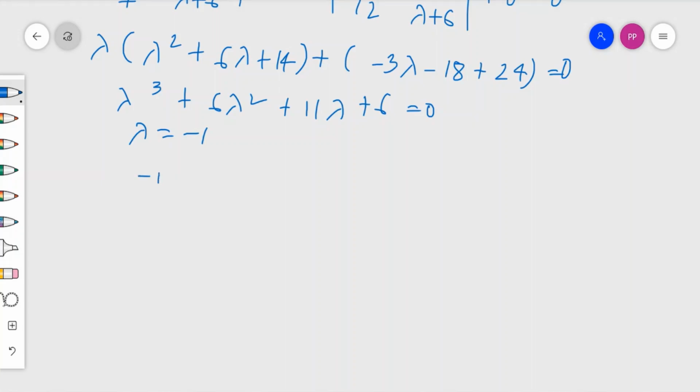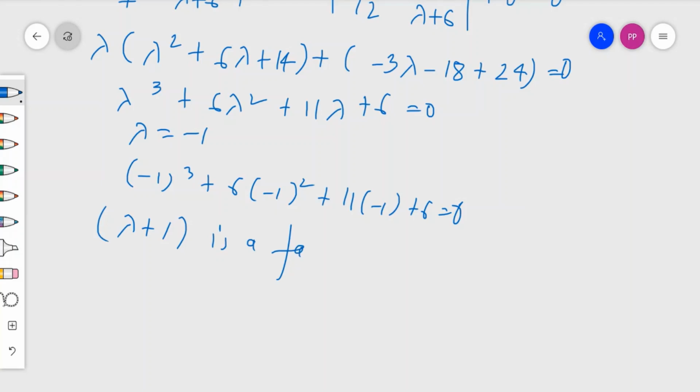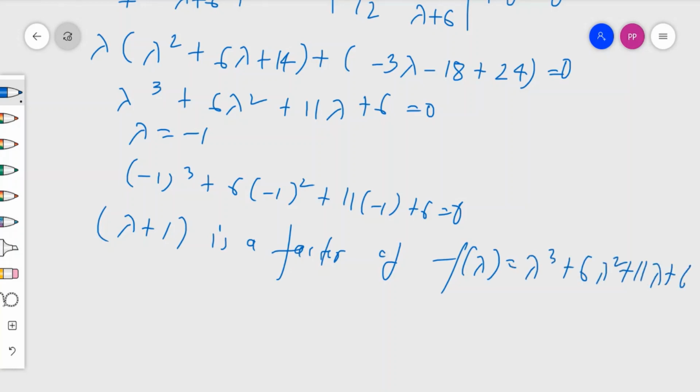So I put minus 1 cube plus 6 times minus 1 whole square plus 11 times minus 1 plus 6. So the polynomial becomes 0, so it means that lambda plus 1 is a factor of this polynomial in lambda, equal to lambda cube plus 6 lambda square plus 11 lambda plus 6.